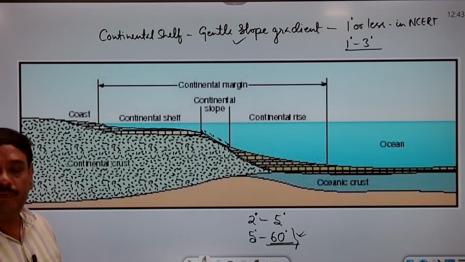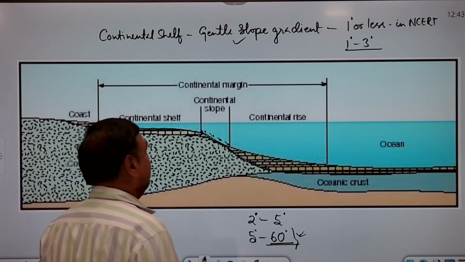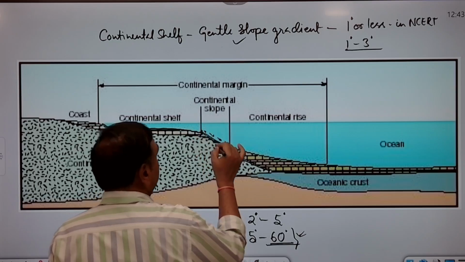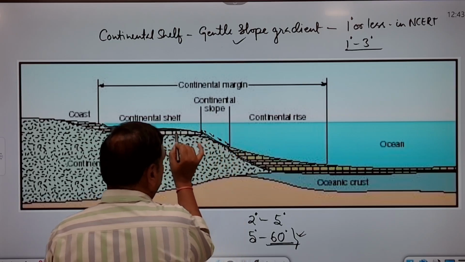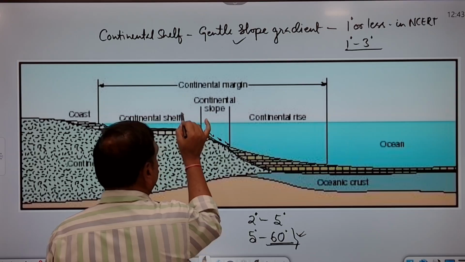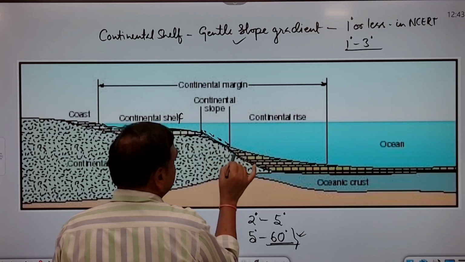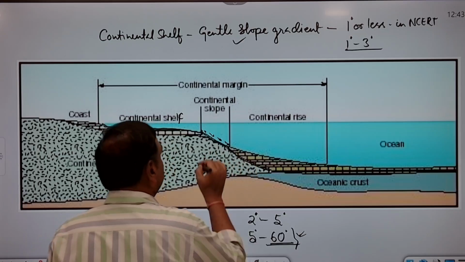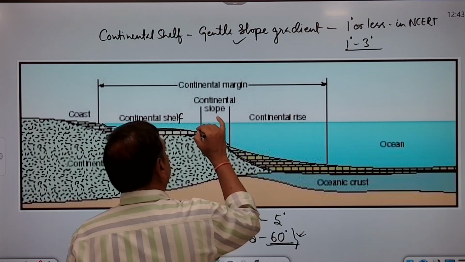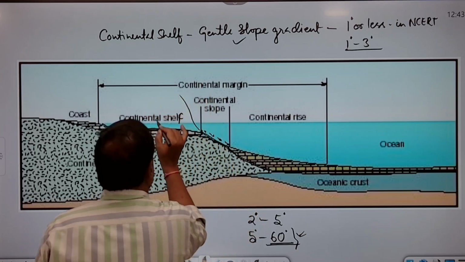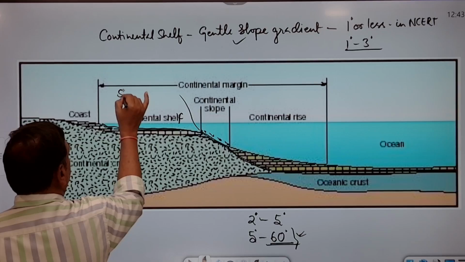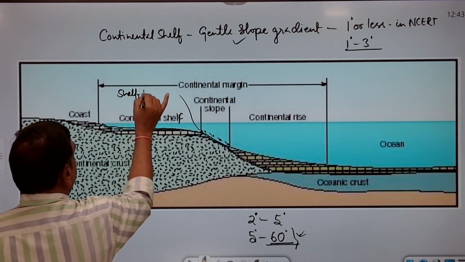One thing which you must remember here is that the point from where this continental shelf region attains more slope gradient, this point has been called as shelf break. I am writing here, it is called as shelf break.